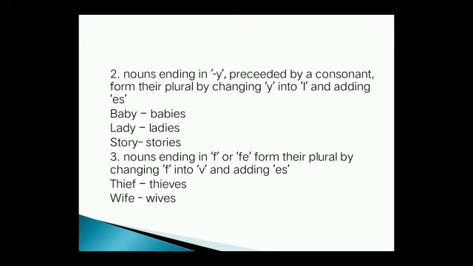So in both the cases we have to change F into V and then add ES. In thief we have removed the F and added VES, and in wife we have just removed the F and added S, wives. Okay.